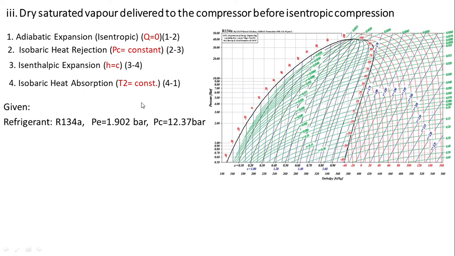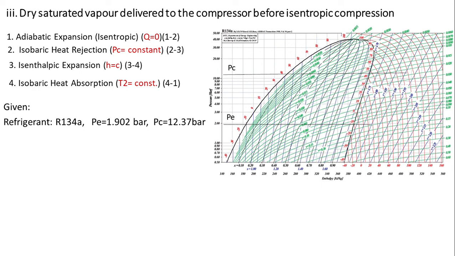On the pH chart, the first step is to mark the evaporator pressure line and the condenser pressure line. So mark these two lines first, and now draw the cycle 1, 2, 3, 4. So mark points 1, 2, 3, 4 as we marked previously.